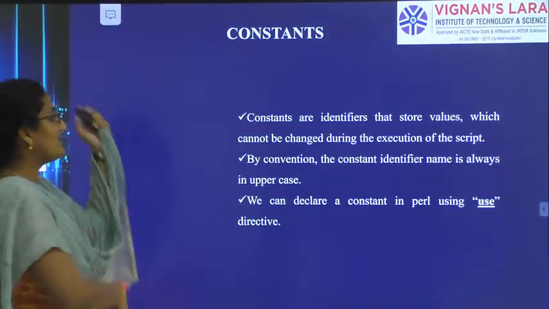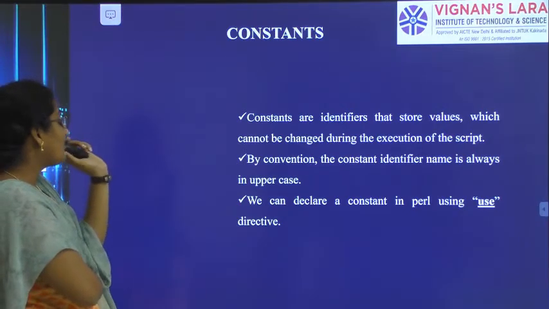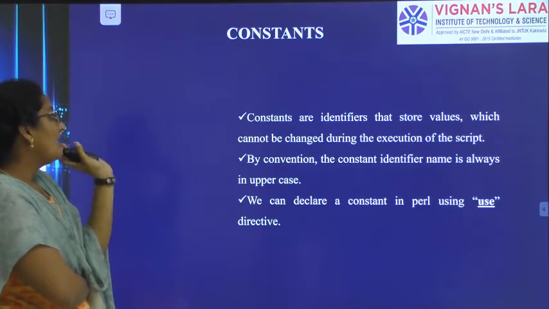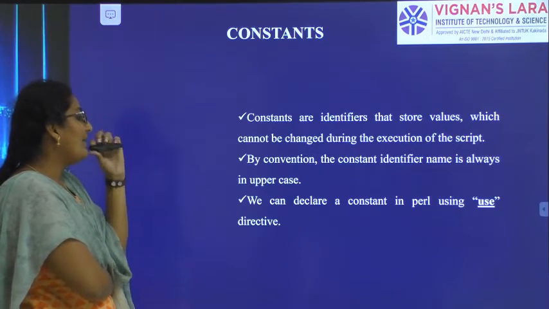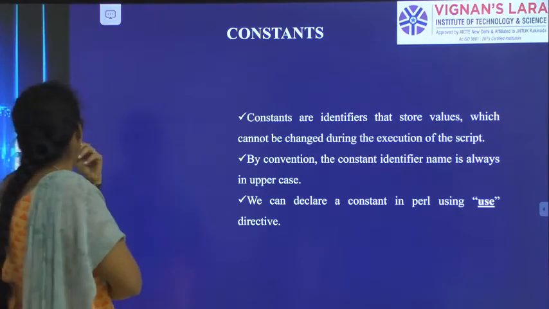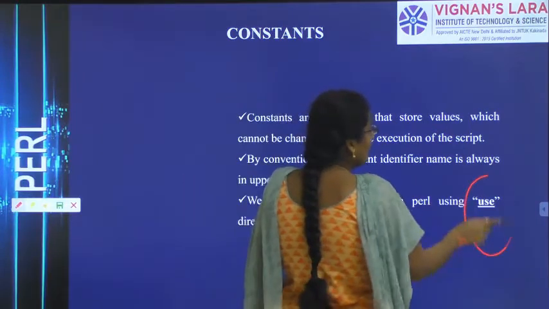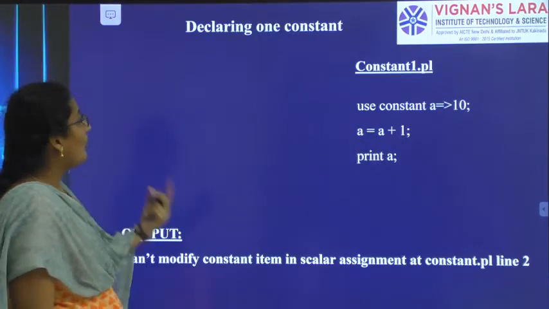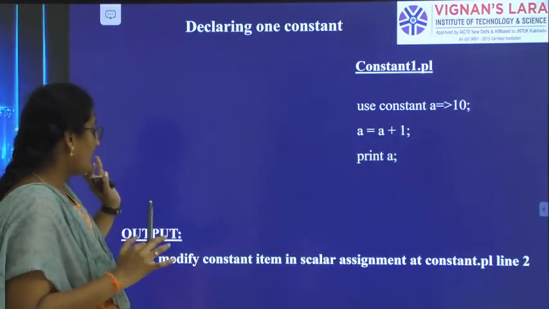So a constant is an identifier which is used to store values. Constants will always be in uppercase, and in this programming we should use the use directive for constants. Once the constant is declared or initialized, again you cannot redefine it.